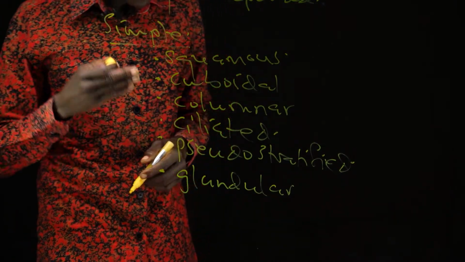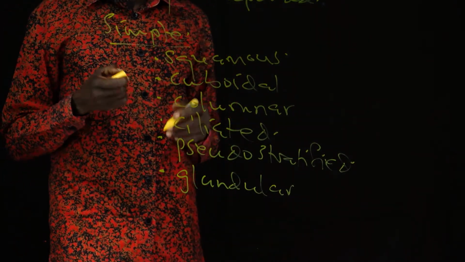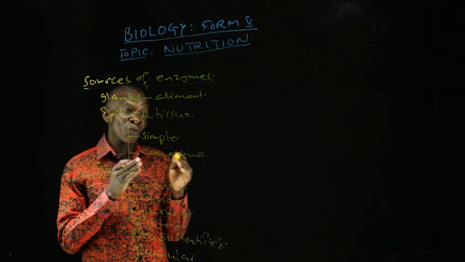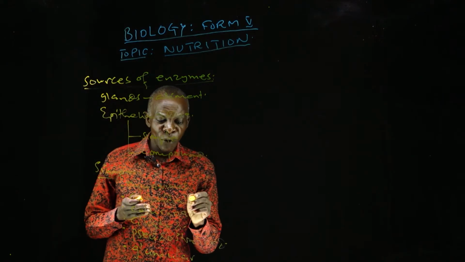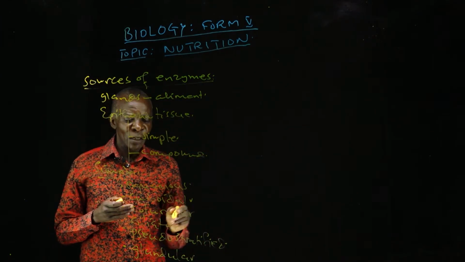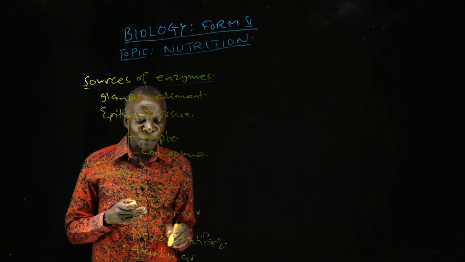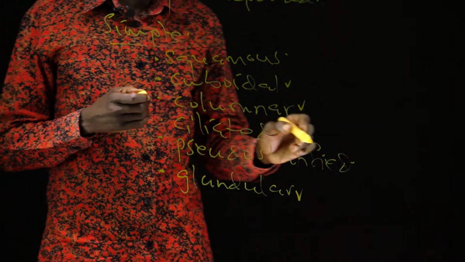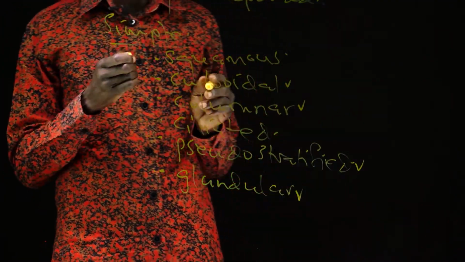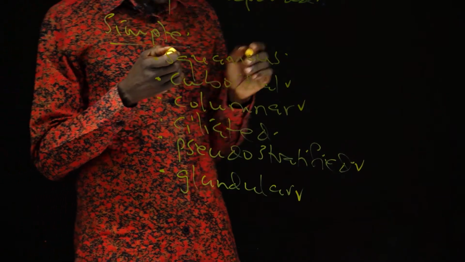However, not all of these are involved in the process of digestion. We have the cuboidal, columnar, glandular, and the pseudostratified as parts of the esophagus.